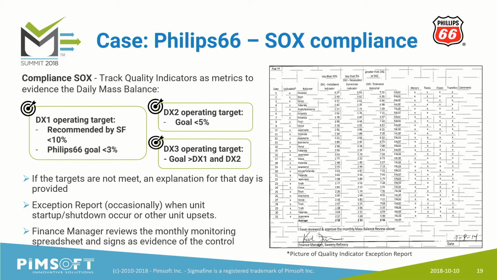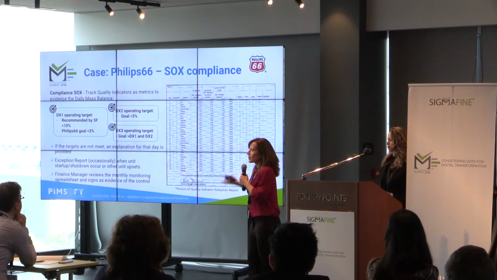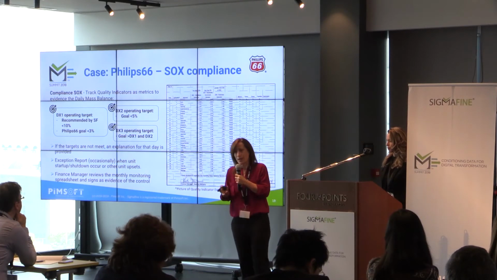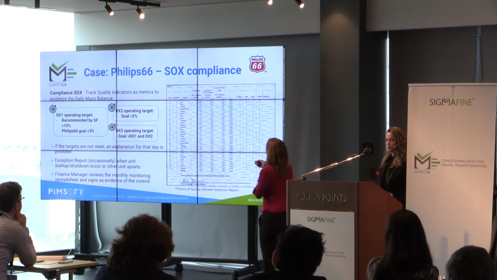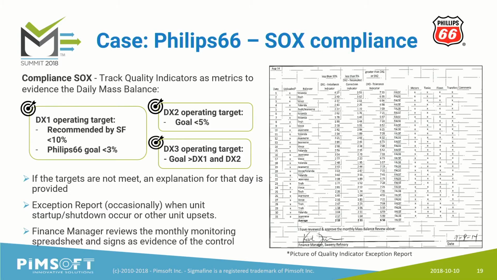When the auditors arrive at the end of the month to check their accounting reports, they show them the 3 indicators, DX1, 2, and 3, that they track daily in this report. If the value of one of these, even for one day, is higher than the threshold, they have to justify it and approve it.